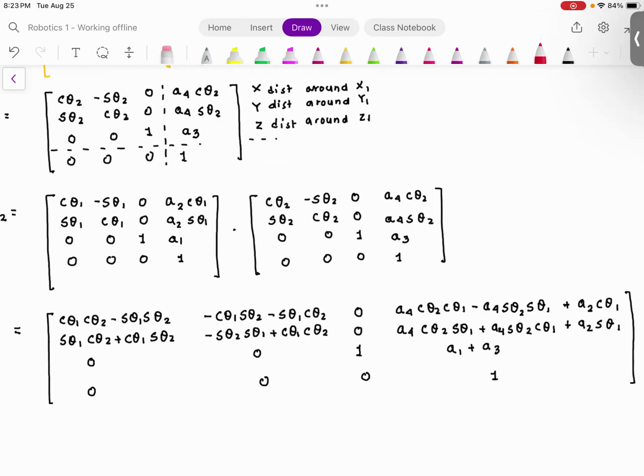Now check this out. This matrix that you have here is nothing but 0R2, which is the relative rotation of frame 2 with respect to frame 1. Do you see a pattern here?